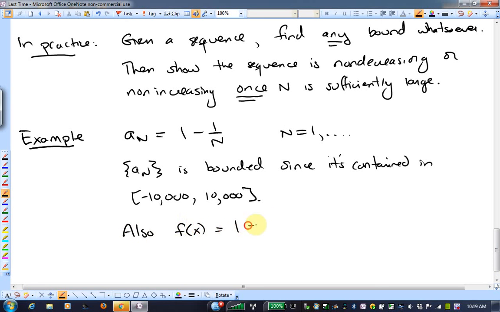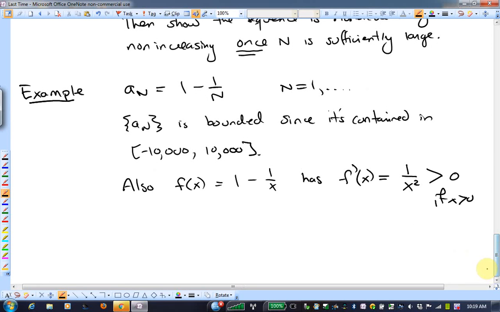If you write this function, what's the derivative of this? It's 1 over x squared, isn't it? Which is bigger than 0 if x is bigger than 0. So look at what I did. I said, you know what? If you think about this function here, its derivative is positive.